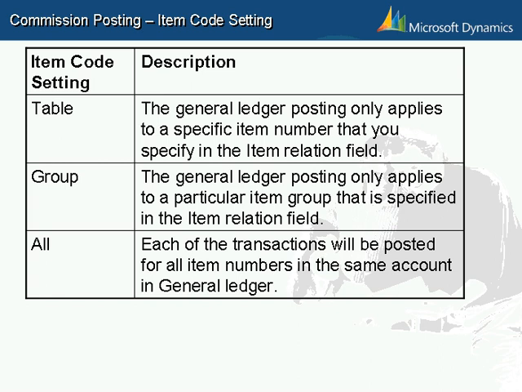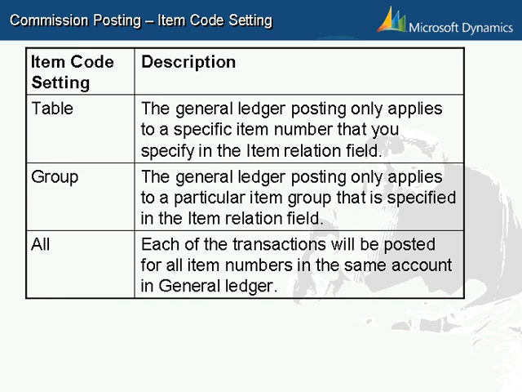In the same manner, commission item group code and commission customer group code can be set up in the commission item group and commission customer group tables, and then later assigned to items and customers. As soon as these groups are set up, they can be used as a selection in the commission calculation table when you define a commission structure.